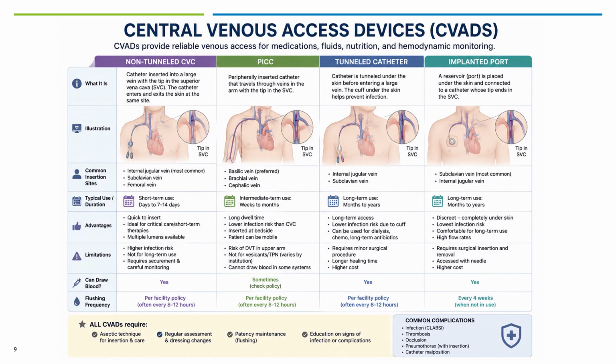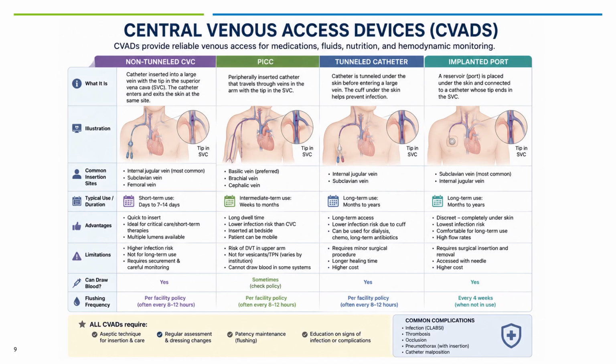Because blood flow is so rapid in the superior vena cava, these devices can safely deliver medications and solutions that would severely irritate or damage a peripheral vein. Some common reasons a patient needs a central line include long-term IV therapy, chemotherapy, TPN, vasopressors, hyperosmolar or vesicant medications, frequent blood draws, and hemodynamic monitoring in critically ill patients.